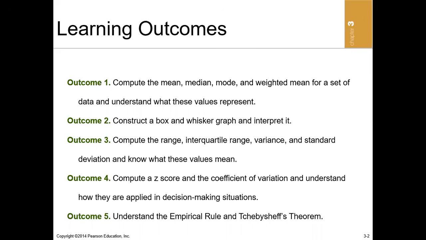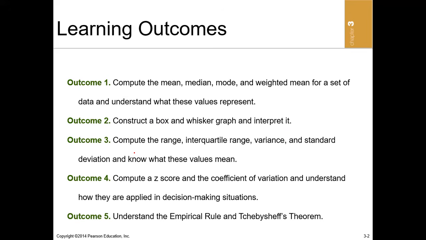Then we should be able to understand issues of dispersion, because once we have an average for a set of figures, we need to know how far the individual figures are from their average. Okay, so we are going to learn a couple of measures of dispersion, and that will lead us to doing a box and a whisker graph and interpret it.